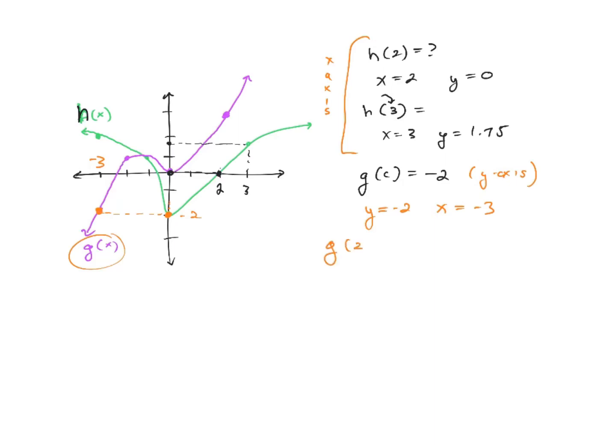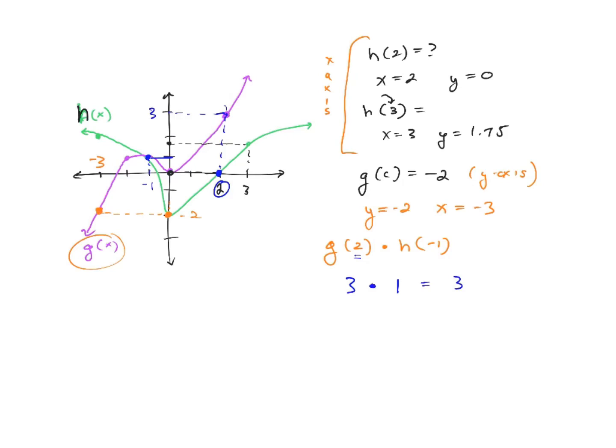So what you're doing is looking at 2 here and saying, at 2, my g of x is roughly 3, times my h of -1 here, which is 1. 3 times 1 is 3.